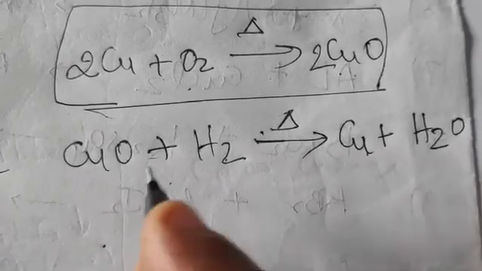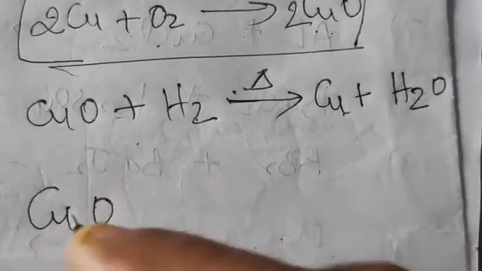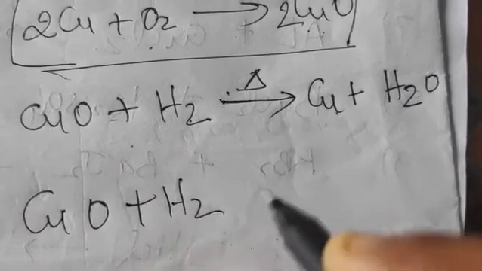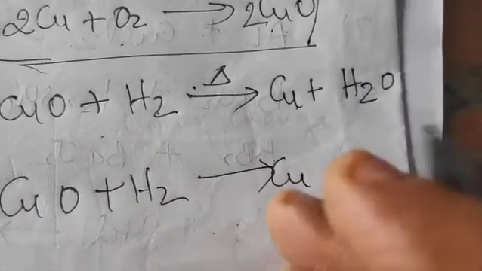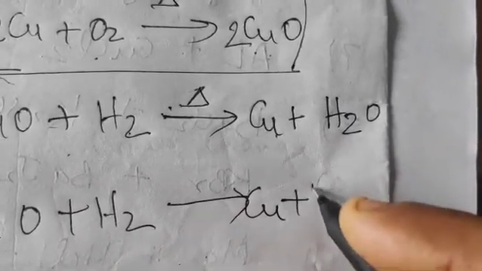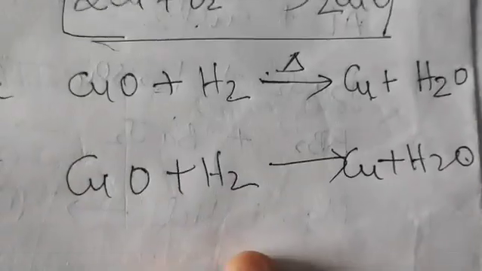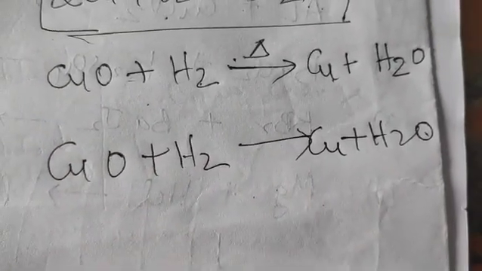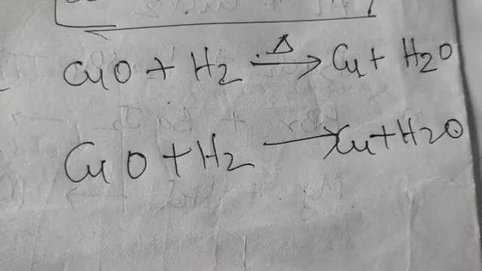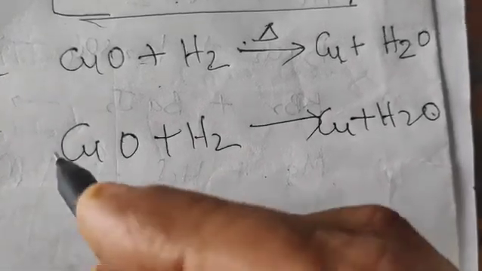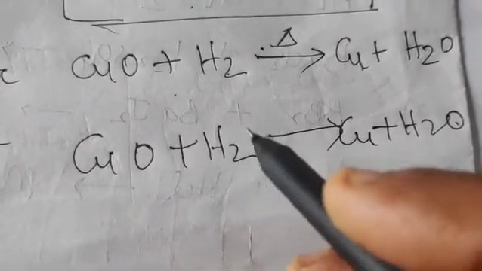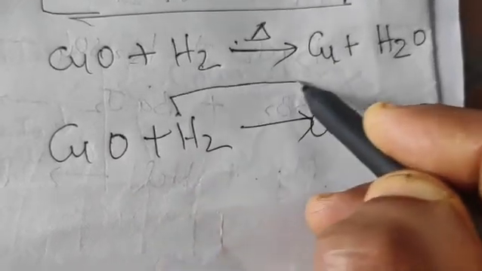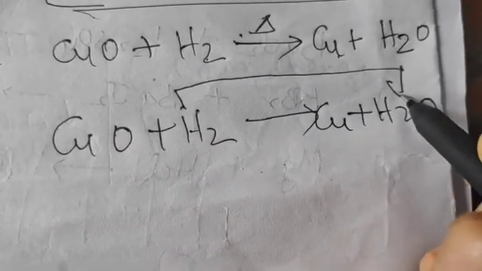Now what is very important over here is the copper oxide part of this particular reaction. If you study the second reaction, I am rewriting it: copper oxide plus hydrogen giving copper and water. This is said to be a redox reaction. So the question comes, what is redox? The chemical reaction in which oxygen is added is said to be oxidation.